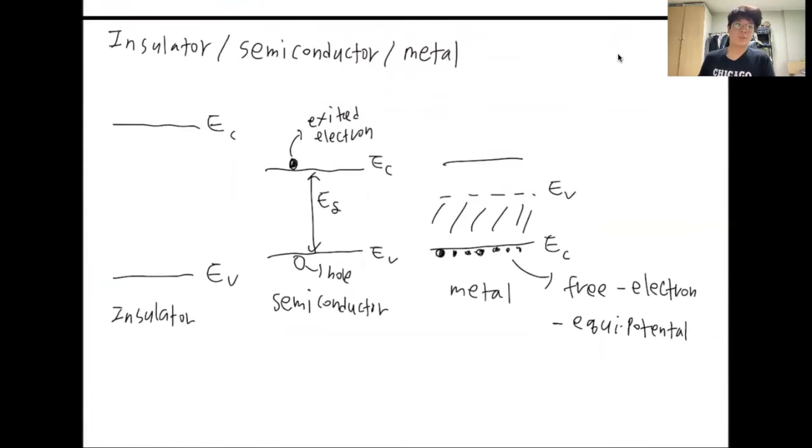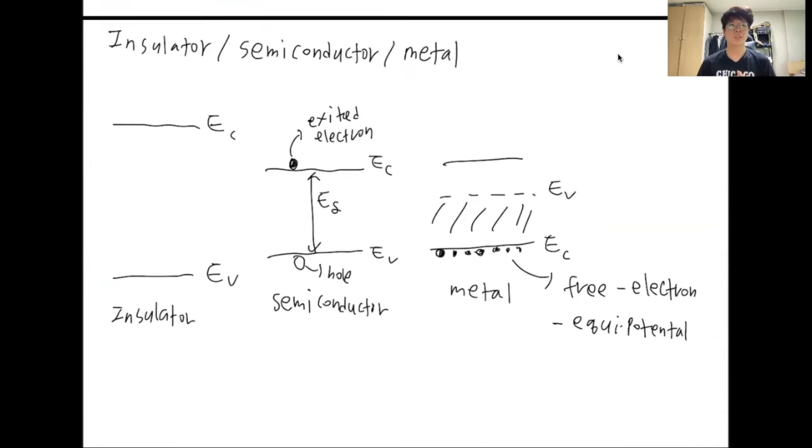And using the band gap, we can define materials by whether they can flow current or not, or the middle part. If the band gap is large enough, then we call it an insulator.